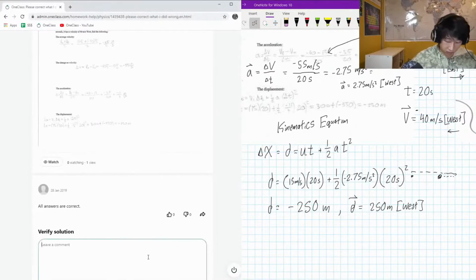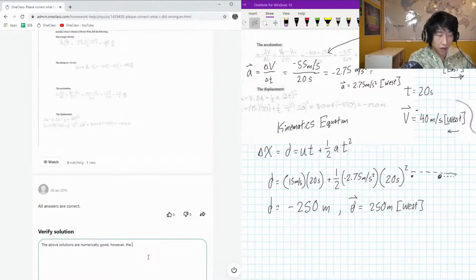So to say the answers are all correct, yes, but to be held to higher physics standards that are very common, especially with what physics leads into, like engineering as well as more general science, we need to incorporate the vector quantities. Okay, so the above solutions are numerically good.